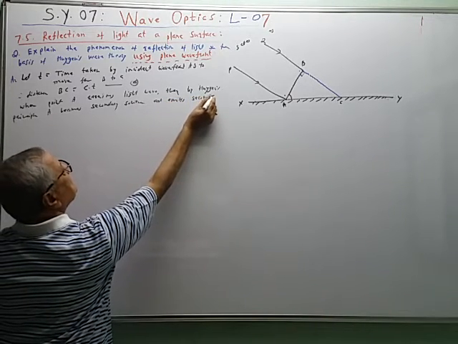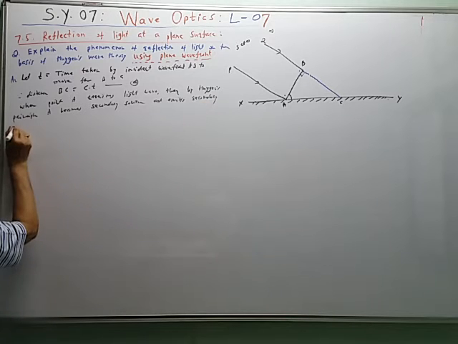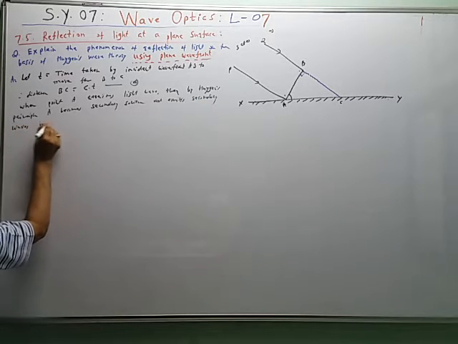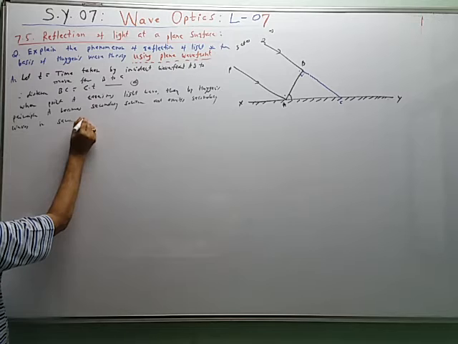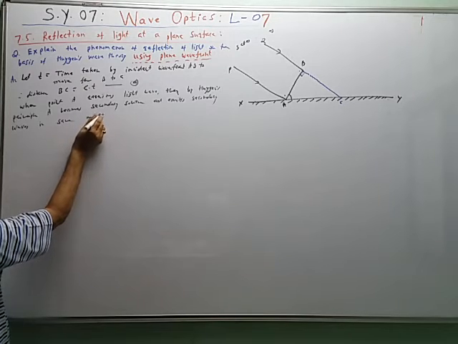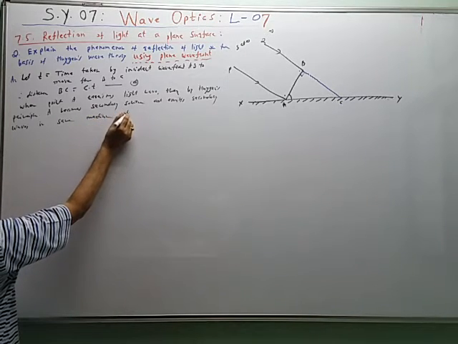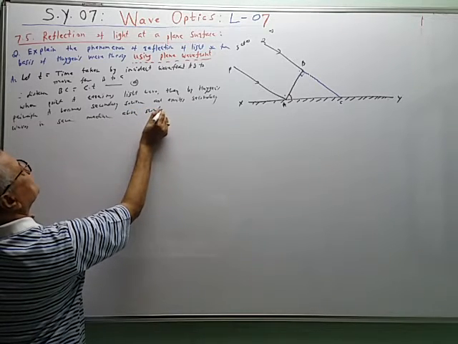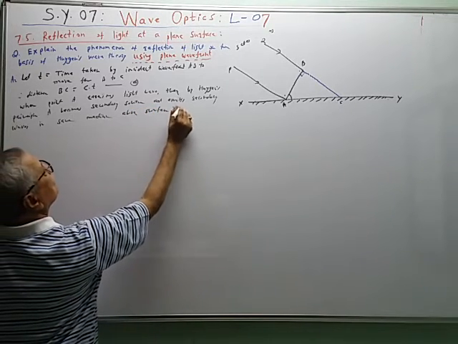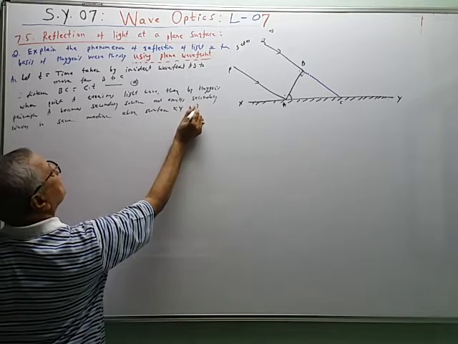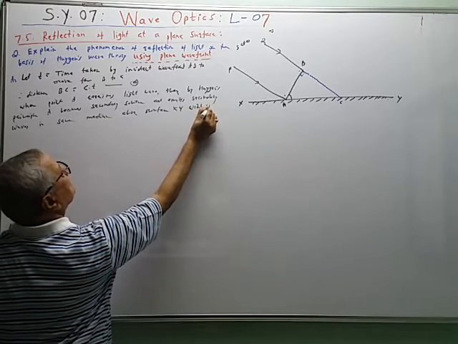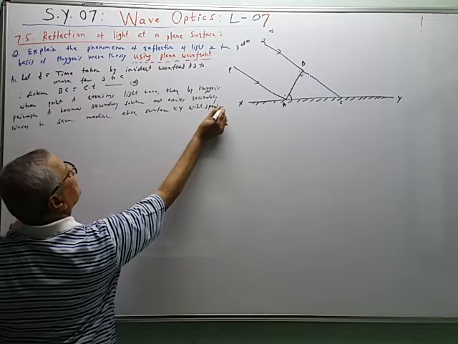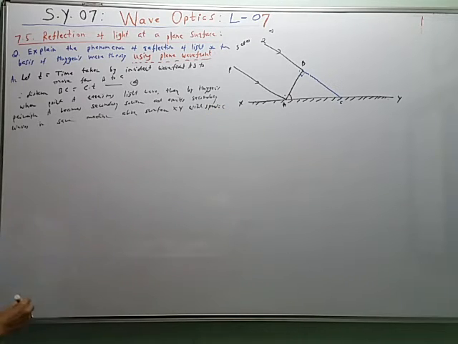By Huygens principle, A becomes a secondary source and emits secondary waves in the same medium above the surface XY with speed equal to c.